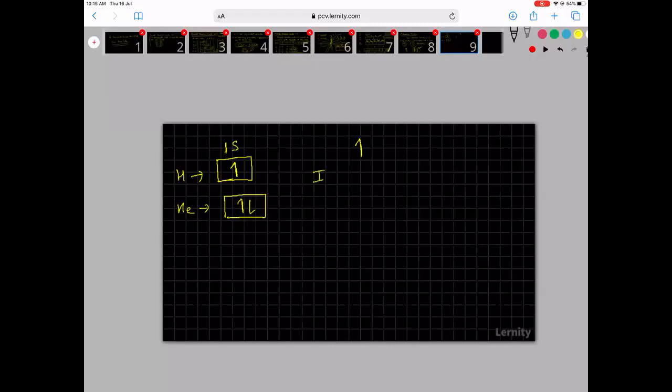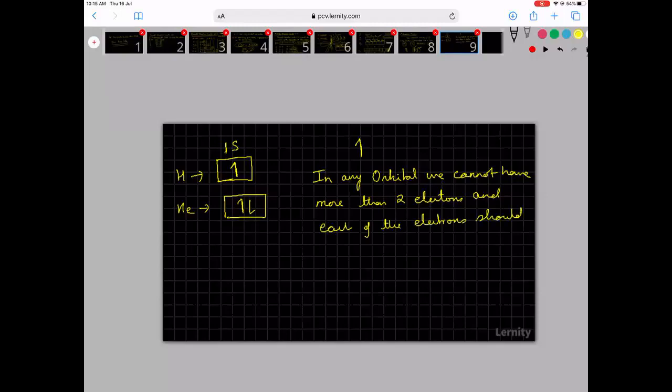In any orbital, we cannot have more than 2 electrons, and each of the electrons should have opposite spins.